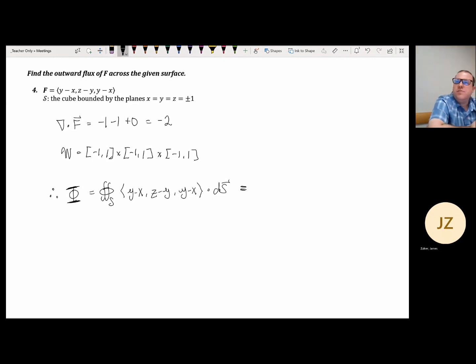Outward flux is just the surface integral of the field along the surface using outward pointing normal vectors.